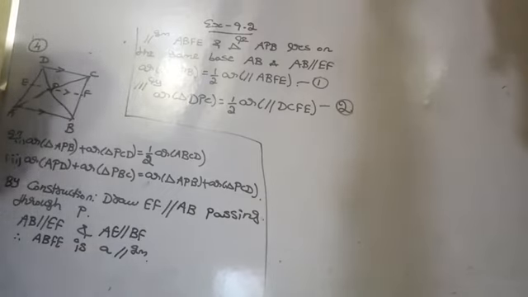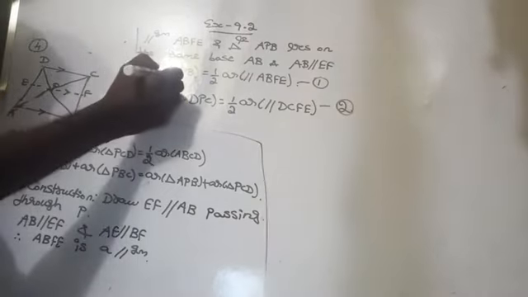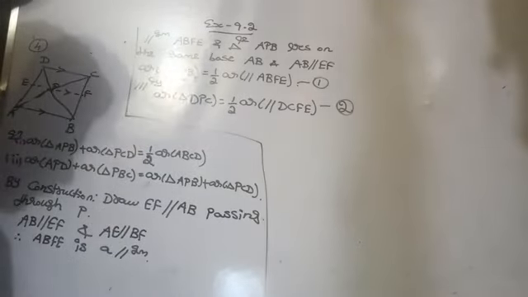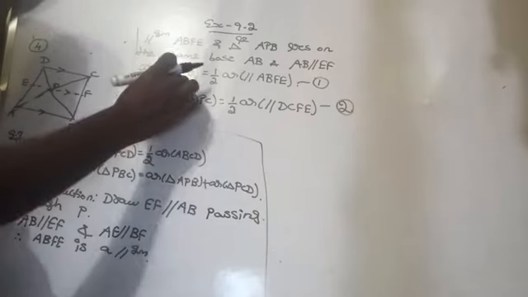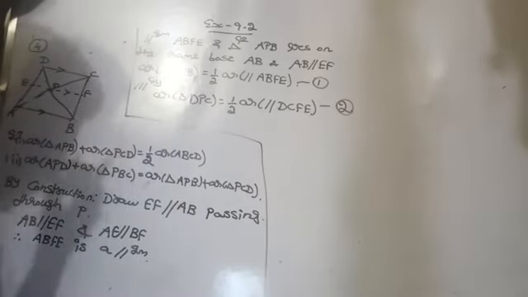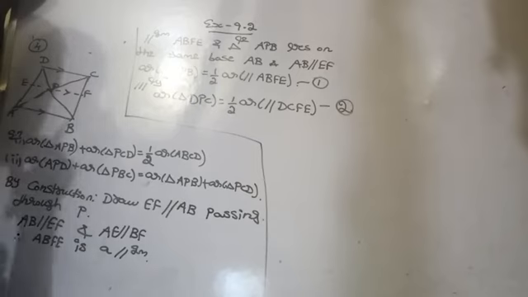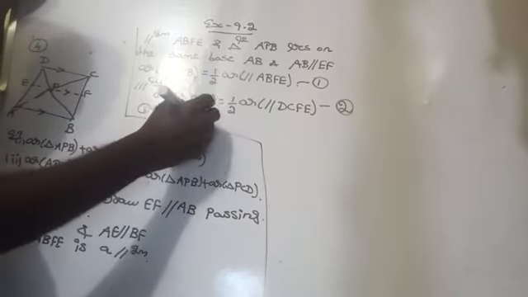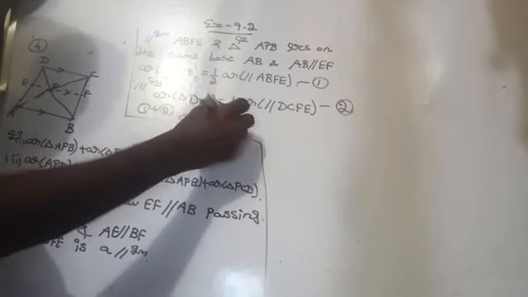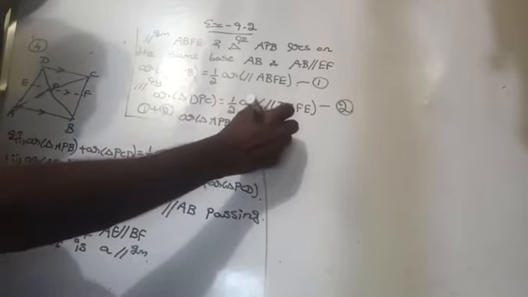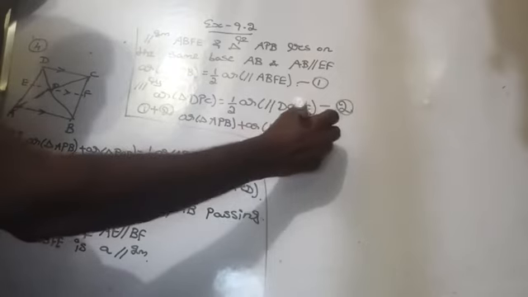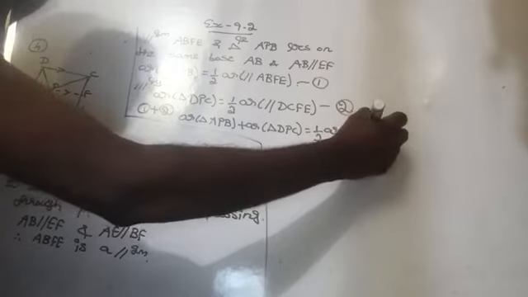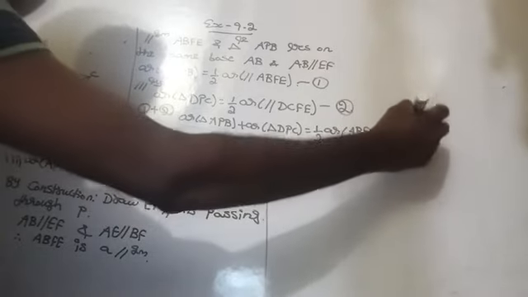Again, area of triangle APB is equal to half of area of ABFE. Are you getting there? Then adding 1 and 2, what will you get? Area of triangle APB plus area of triangle DPC is equal to half of area of ABFE plus half of area of DCFE.